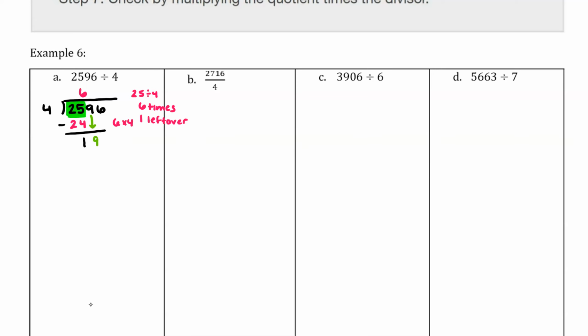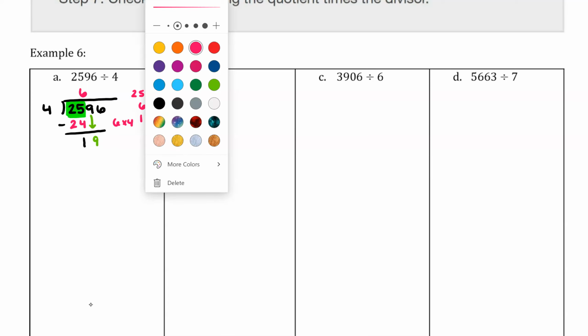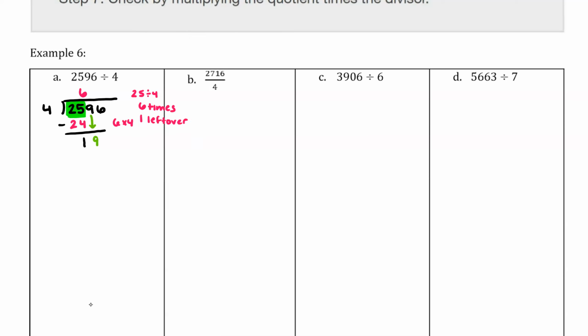So now what do I times 4 by to get close to 19? So you're going to look in your multiplication table if you haven't committed it to memory yet. And you're going to say, okay, 4 times 4 is 16, and 4 times 5 is 20. So without going over, I could do 4 times 4.